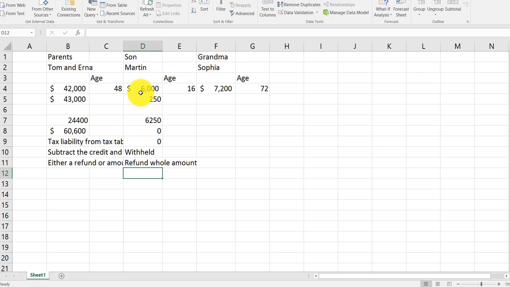Most probably a chunk of this money is in the bank at the end of the year, or he's used it for fun stuff, while mom and dad pay all the bills. And that's what's assumed for an actual child. Now, grandma, who lives with him, is a little different story, because she is not a qualifying child. She's too old, she's 72.